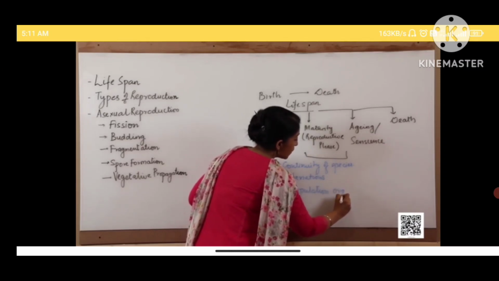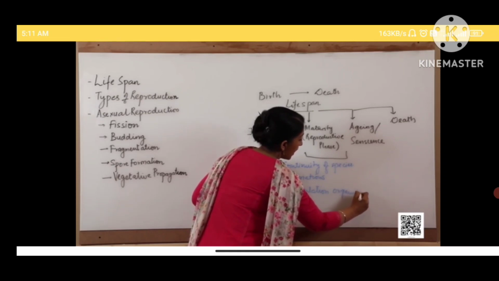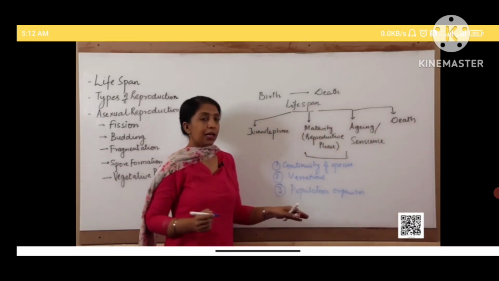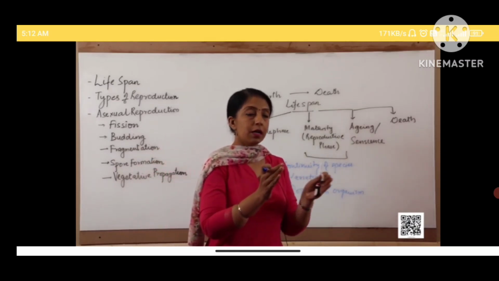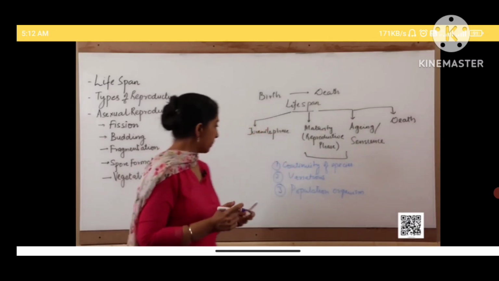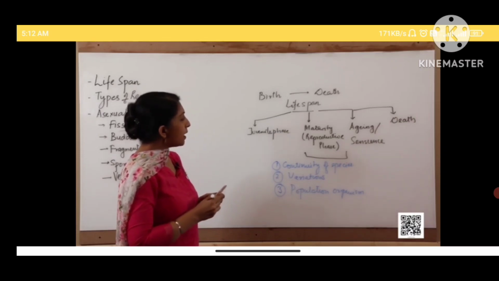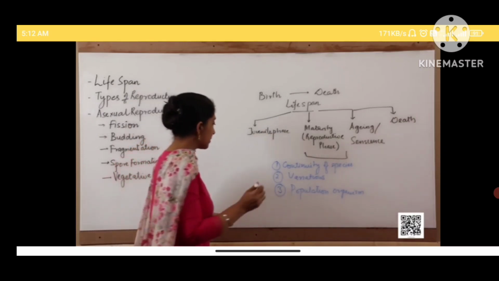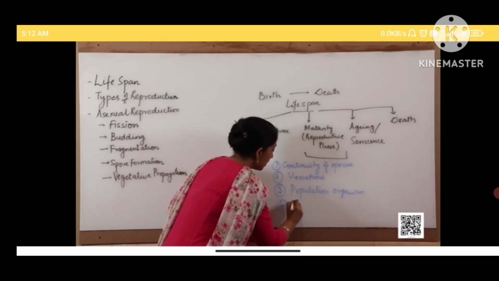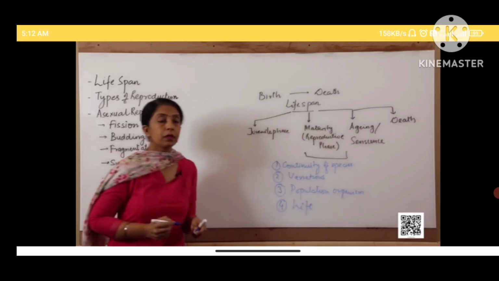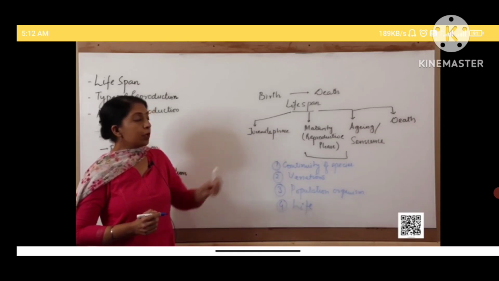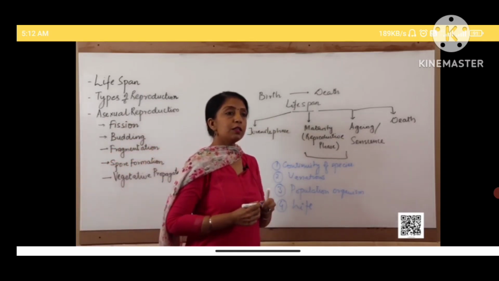It is with the help of reproduction that a particular population can be divided into the young, the older, the reproductive age groups, and so on. Above all, the main importance of reproduction is that it ensures life on face of earth. So, today we'll be discussing in detail the different types of reproduction.